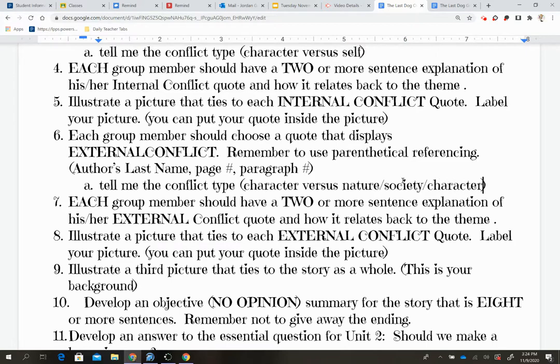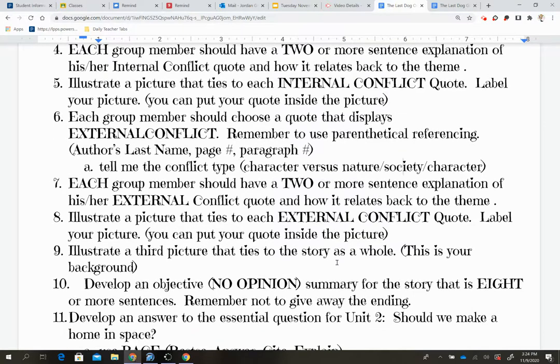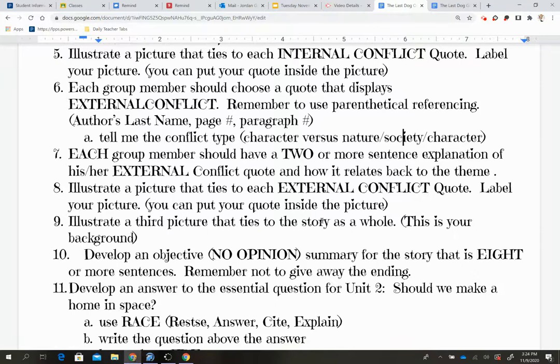So that's going to be either 2 characters fighting, characters breaking the law or rules, or characters fighting the elements outside. Then again, you're going to give me a 2 or more sentence explanation that relates back to the theme. Then you're going to give me a picture that ties that external quote together. And remember, you can put your picture inside of your quote.